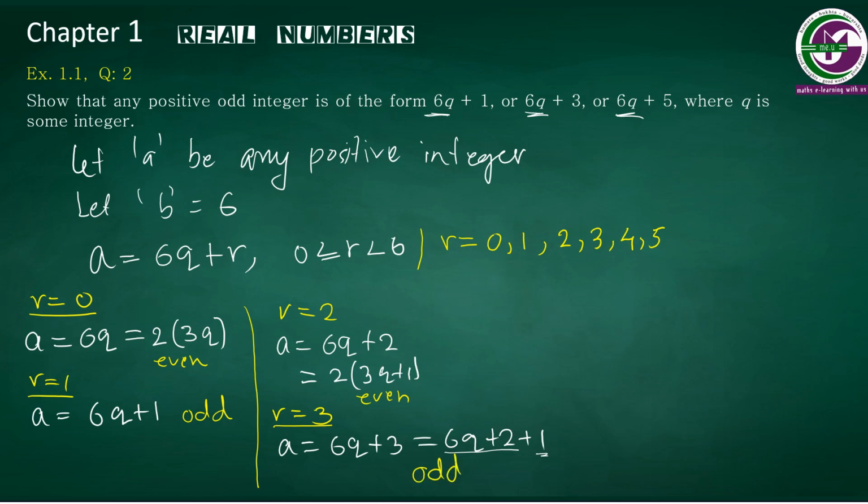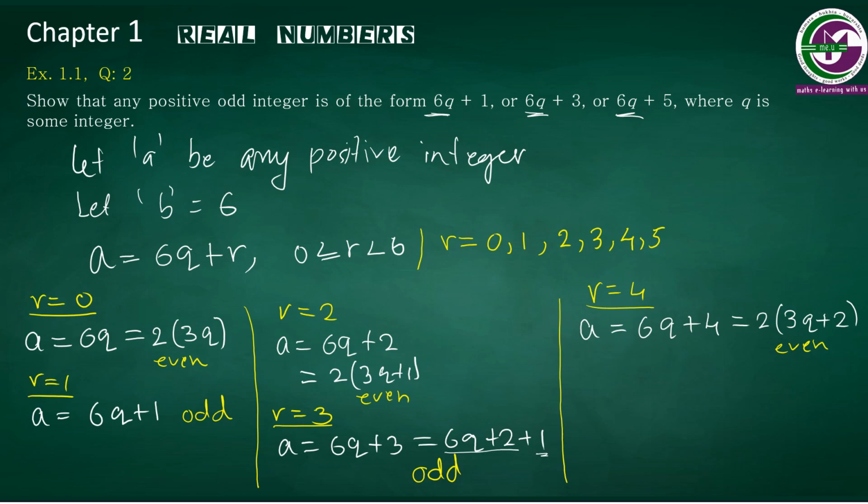Now next option, r is equal to 4. So a can be written as 6q plus 4, which can be written as 2 times 3q plus 2. We know that a multiple of 2 is an even number. So this is an even number.